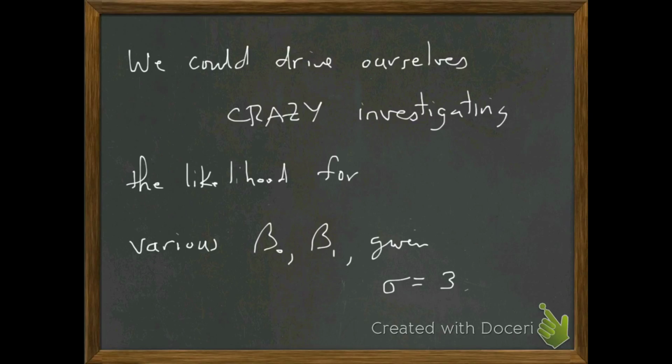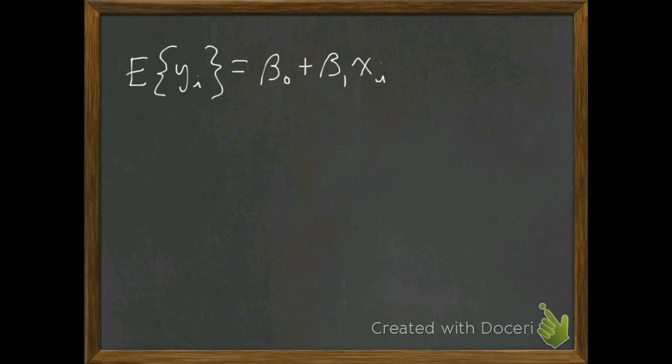All right, so what we're going to do is turn this into something more mathematical. So guys, we know that the expected value of our y sub i's can be found by our regression model. And we also know that the variance of our y sub i's is given as sigma squared.